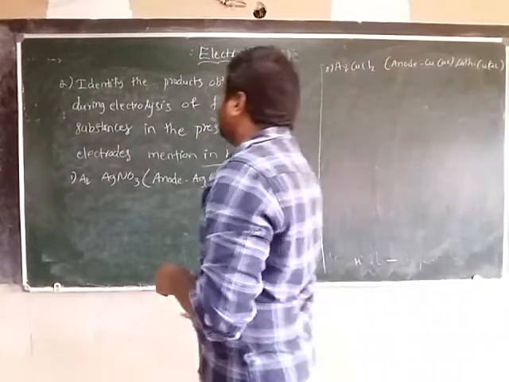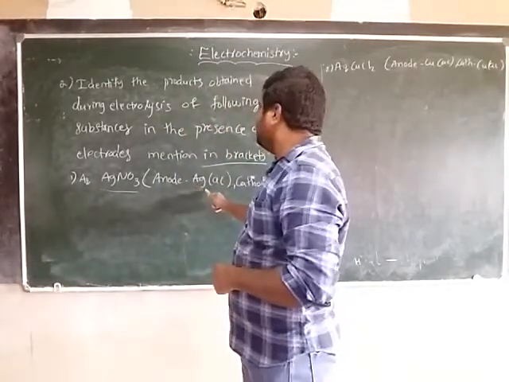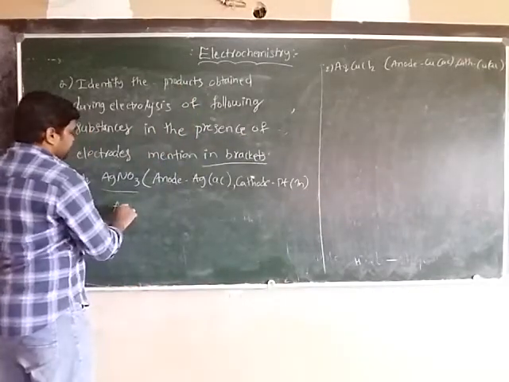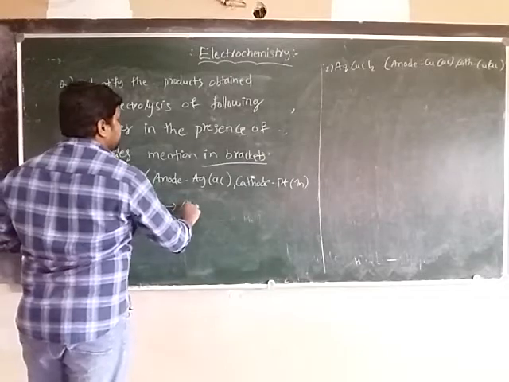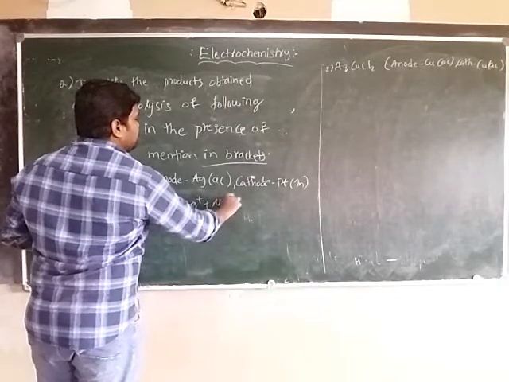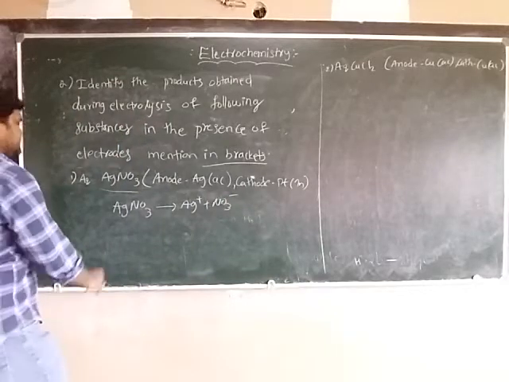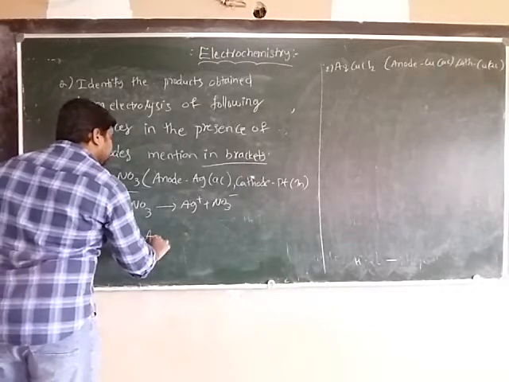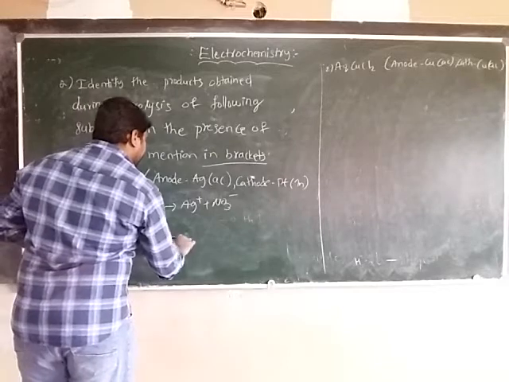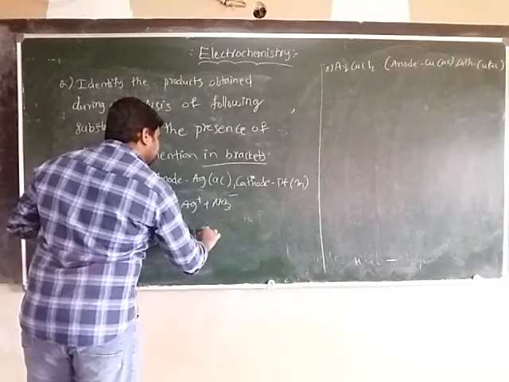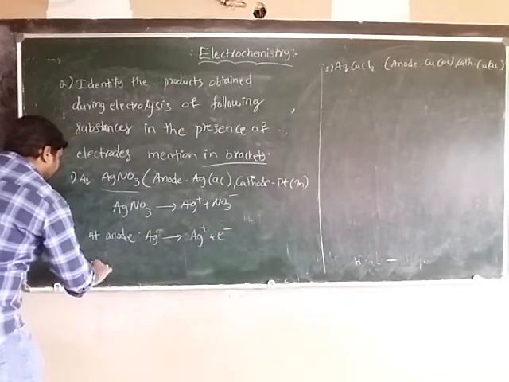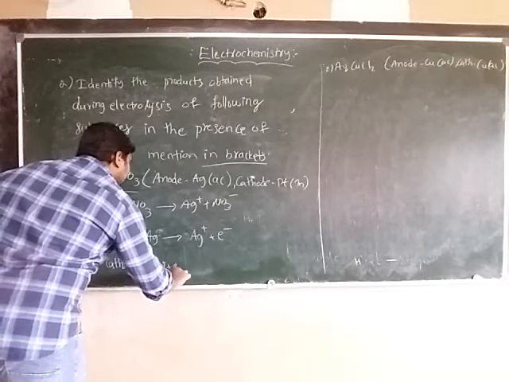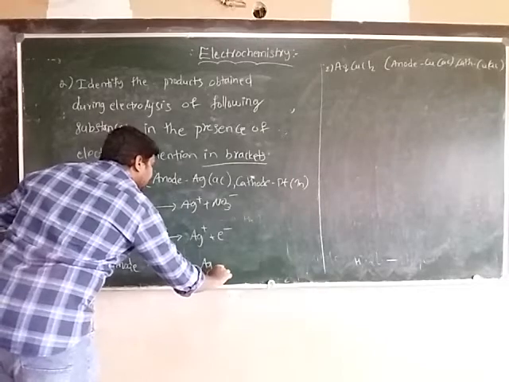Okay, now we'll see aqueous silver nitrate. The anode is silver, which is active, and the cathode is platinum, which is inert. AgNO3 dissociates into Ag+ and NO3-. At the anode, Ag gives Ag+ plus an electron, and at the cathode, Ag+ plus an electron gives Ag, a solid.